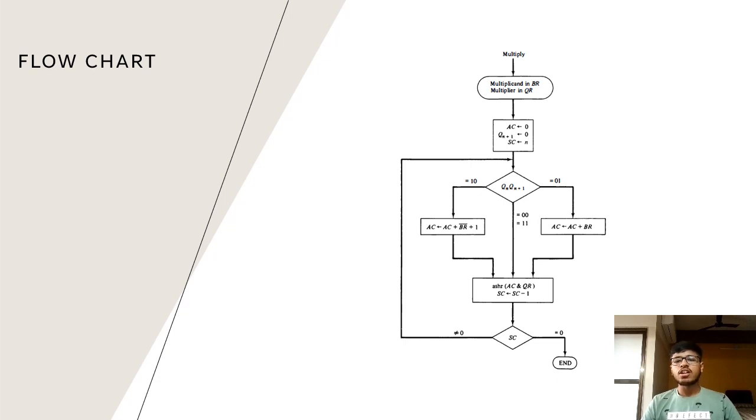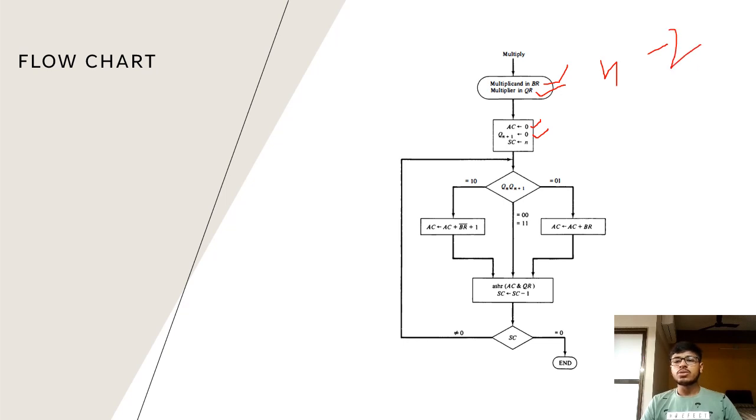Firstly, we take the largest number to be multiplied as the multiplicand in BR, and the multiplier in QR. We will convert both integers into two's complement form. Then we will set the accumulator to 0, the Qn plus 1 flip-flop also to 0, and the sequence counter to the number of bits in a number. For example, we multiply 4 and minus 2.